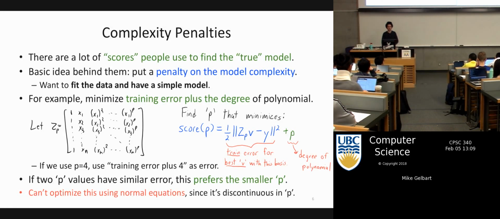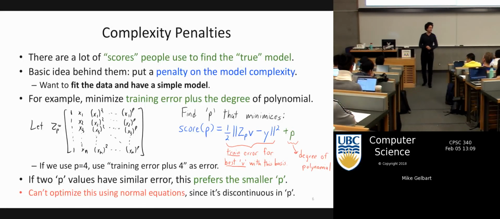Any questions or comments about this general idea of penalizing the complexity? Liam? Is it not just like another thing that you have to decide what the coefficient would be? I'm assuming you have to have a coefficient for the p, because you can't just have like +1, 2, or 3, and the score is like in the middle.